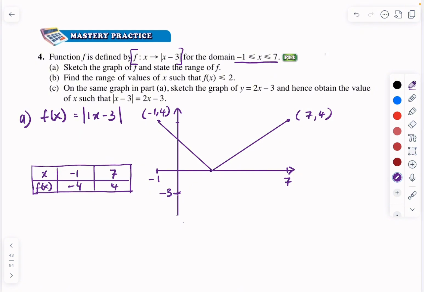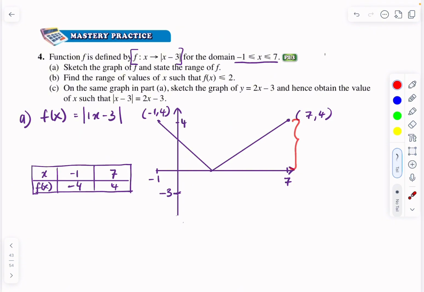And then they asked us to state the range of f. So you need to state this range. Looks like both ends at 4. So it's between 0 and 4.